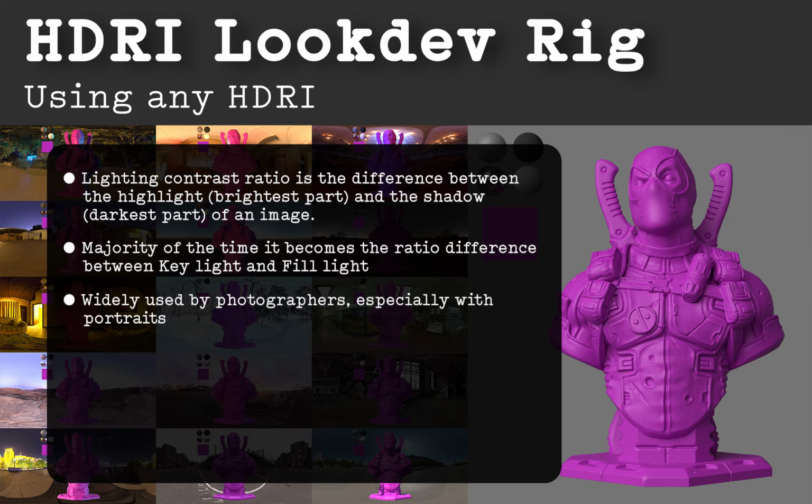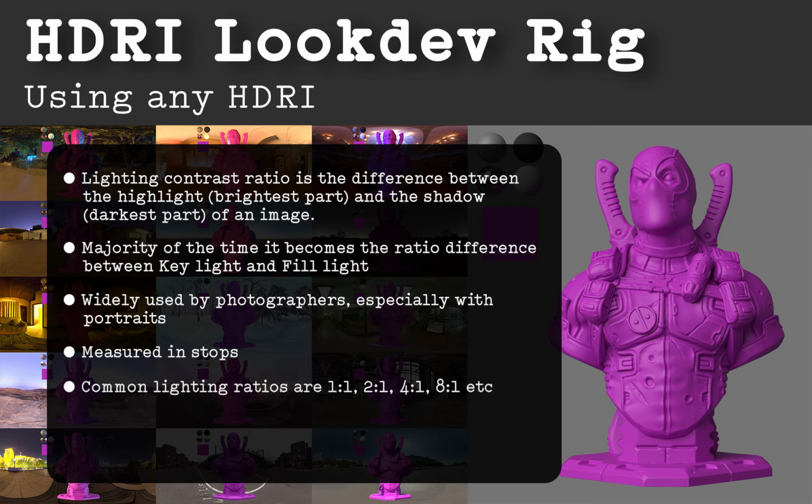Contrast ratios are widely used by photographers, especially in portrait photography. And like dynamic range, it is also measured in stops. The common lighting ratios are 1:1, 2:1, 4:1, 8:1, etc. Here, the first value represents the key exposure and the second value represents the fill.